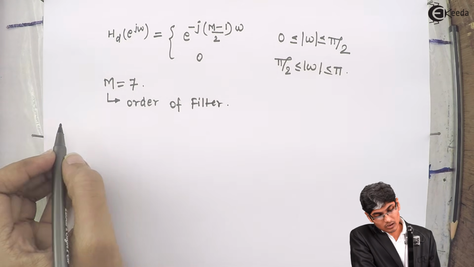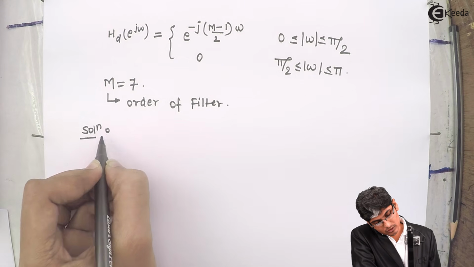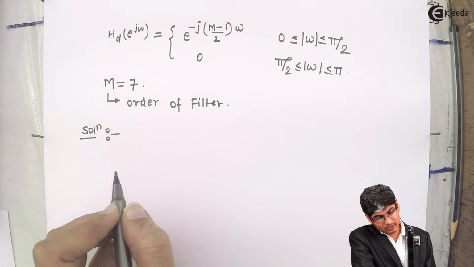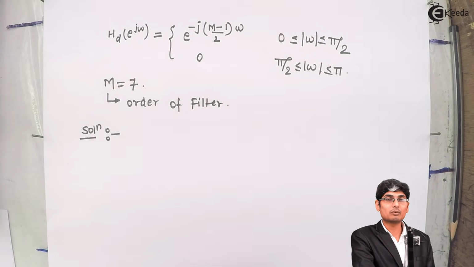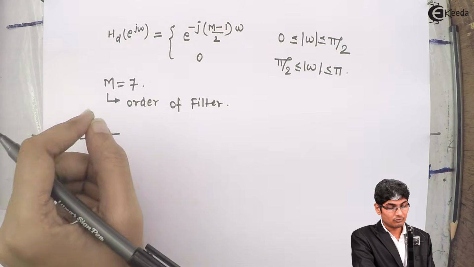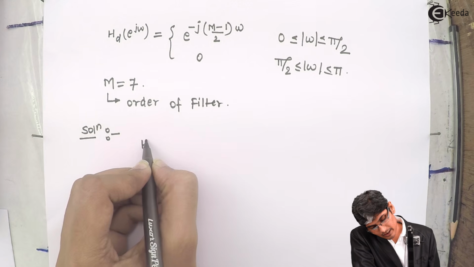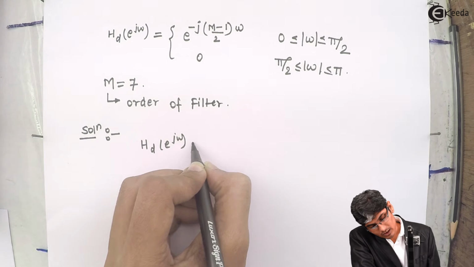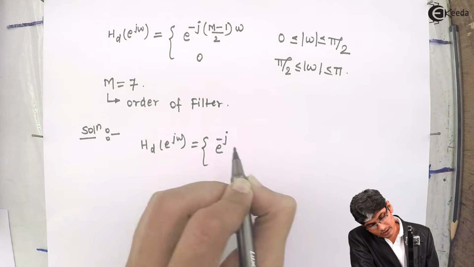Now let us understand how to solve this problem. So let us go to the solution. In the solution, I will first make this generalized Hd of e raised to j omega specific with M equal to 7. So I get Hd of e raised to j omega equals e raised to minus j.